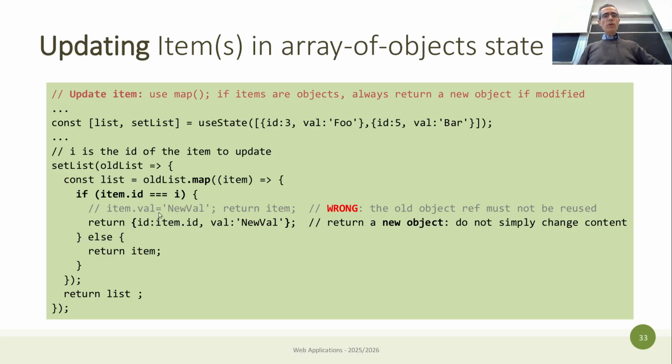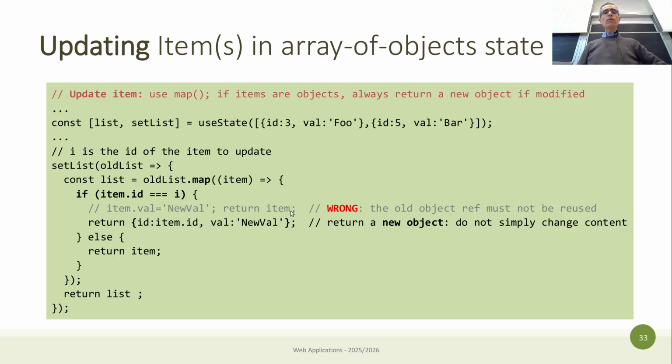And make sure you return the new object. You see there is a curly bracket open here. It means it creates a new object, a new reference to a new object. Even if the ID is the same, you cannot just simply say item.val equals new val.